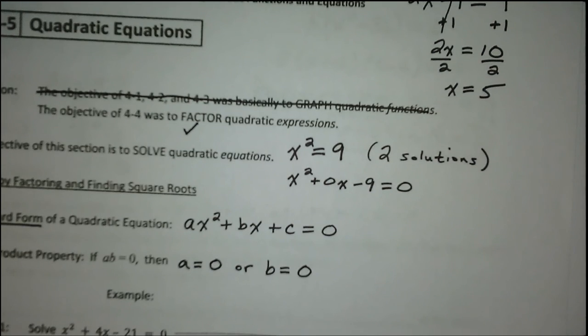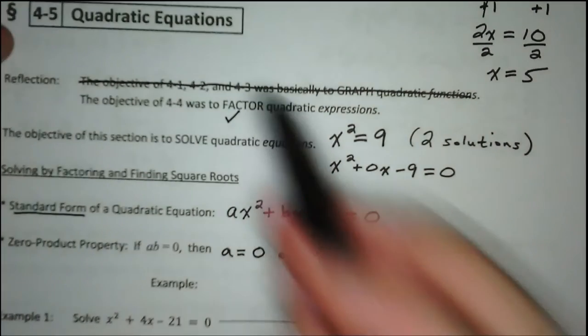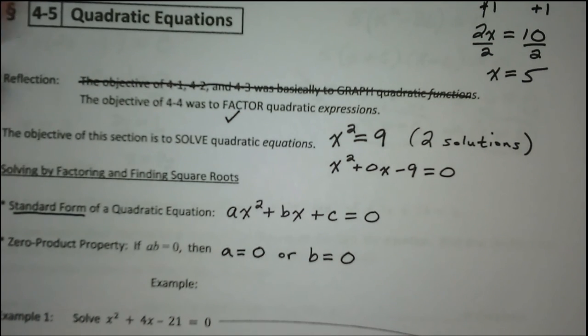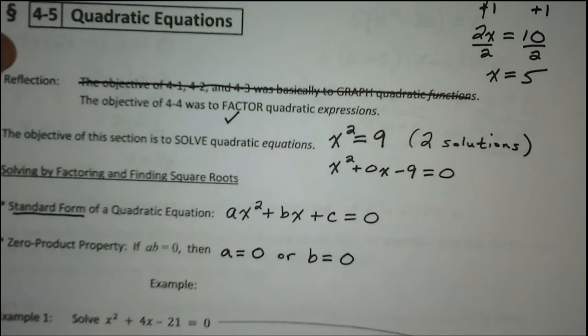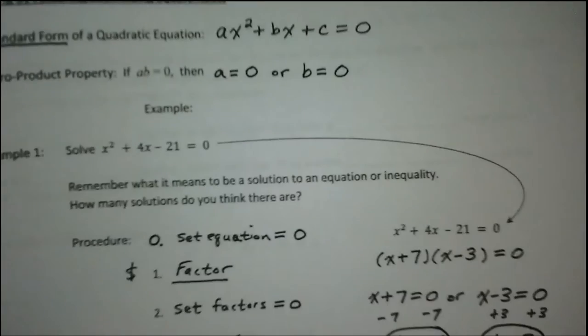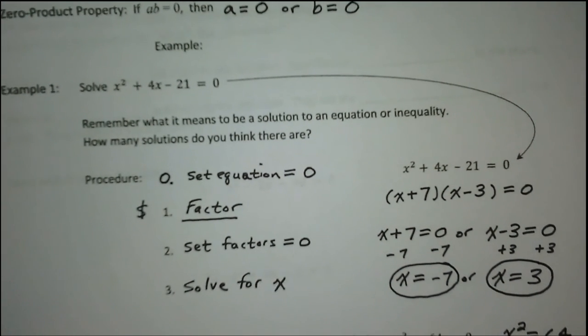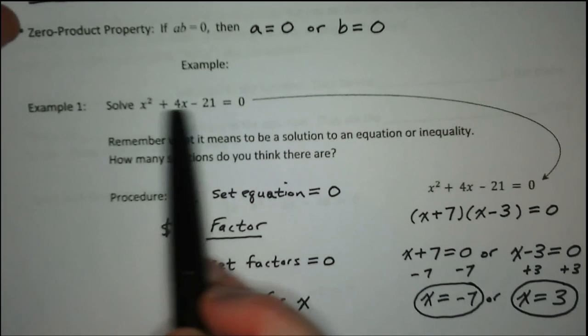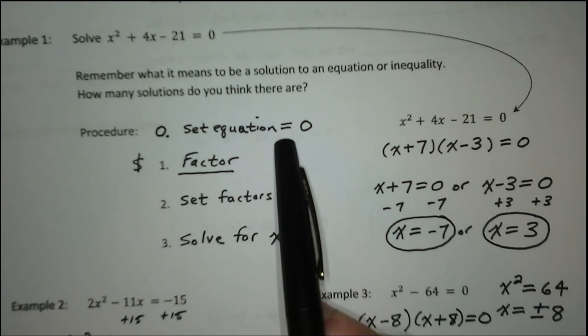So remember, quick recap. It should only take me like 20 seconds or less here, okay? Quadratic equations. If it's quadratic, that means there's a power of 2. And that usually means that there's 2 solutions. The overall strategy, since you cannot just get x by itself, is you set it equal to 0, if it's not equal to 0 already.